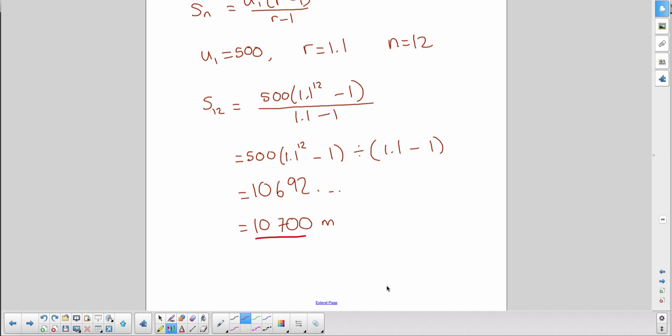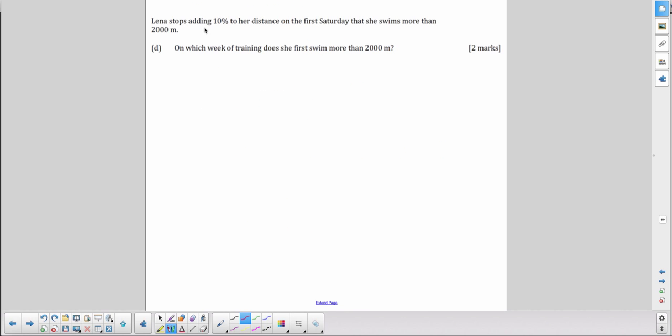What's next? Lena stops adding 10% to her distance on the first Saturday that she swims more than 2,000 meters. So she keeps adding 10%. And I'm wanting to know which week is it that's bigger than 2,000 meters.